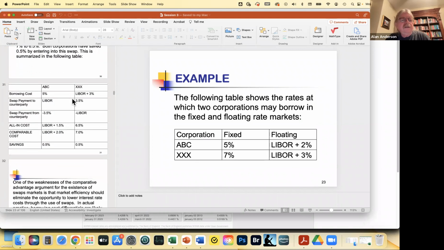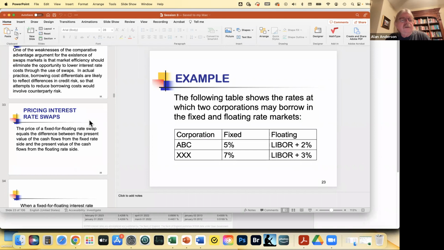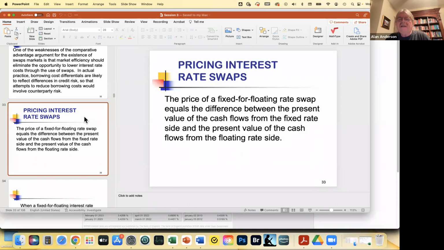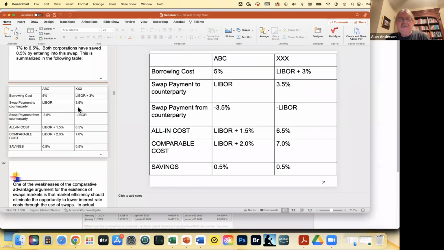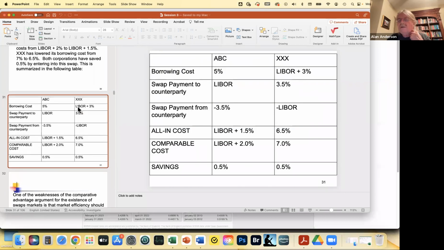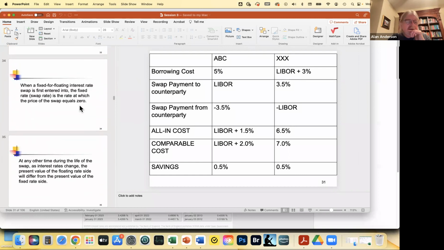All right, so pricing swaps. Now, this is where it gets very intense. We know that all these cash flows are going back and forth. So what we would like to be able to do is calculate the present value of all of those cash flows and determine how much each side of the swap is actually worth to us today.